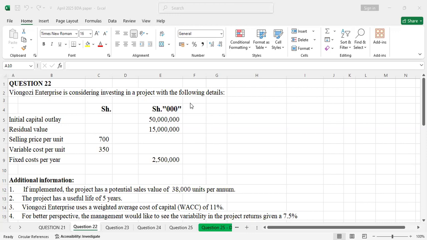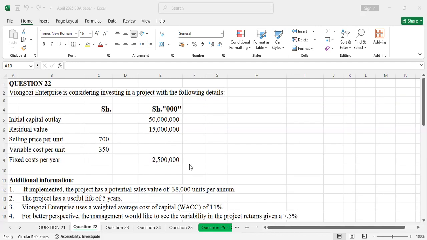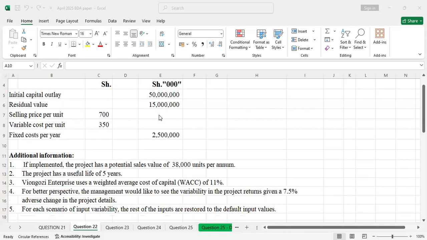Residual value is 15 million. Selling price per unit 700, variable cost per unit 350, fixed cost per year 2.5 million, but it's 2.5 billion, because the shillings are in thousands.